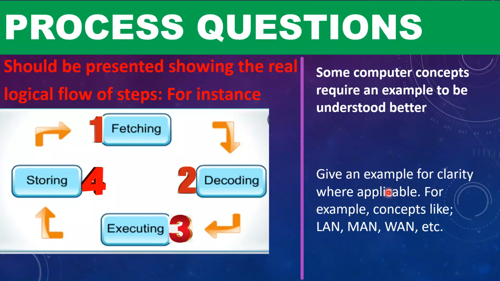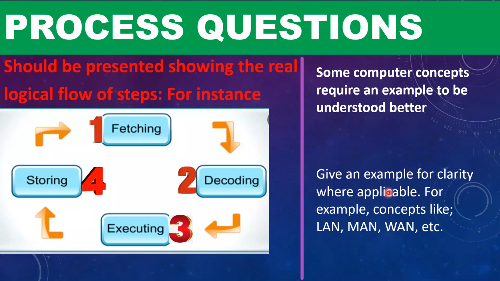They are what we call process questions. When it comes to process questions, these ones should be presented showing the real logical flow of steps. For instance, the machine cycle, which starts with fetching, decoding, executing, and storing. So here we are saying, please present these processes in their logical flow of steps.